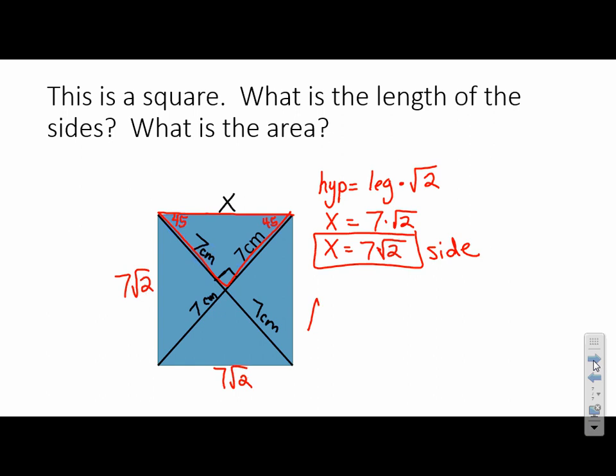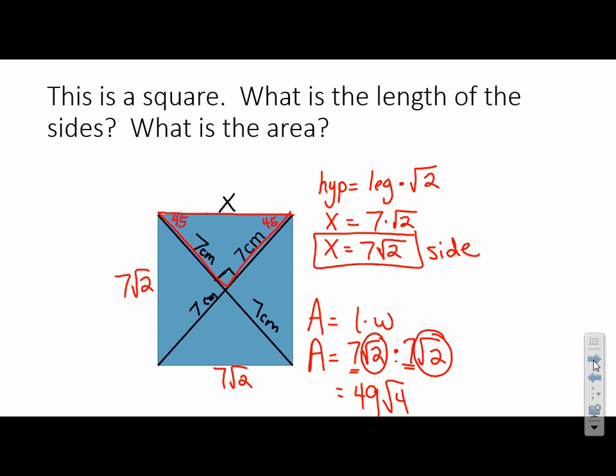Now how would you find the area? Area is equal to length times width for a shape like this. So the length is 7 square roots of 2, and we take that times another 7 square roots of 2 for the width. And then we go ahead and figure this out. Numbers outside here, 7 times 7, 49. The square root of 2 times the square root of 2 makes the square root of 4, which you might look at and go, wait a minute now.